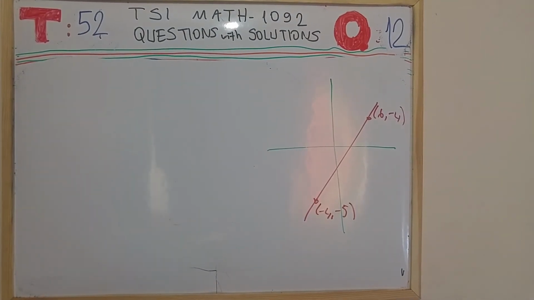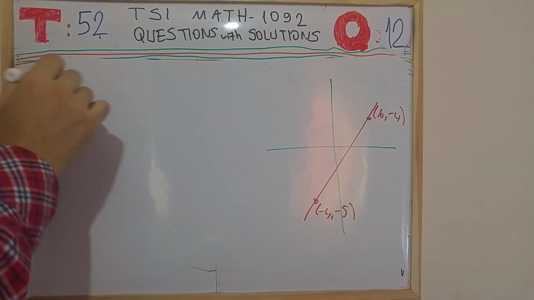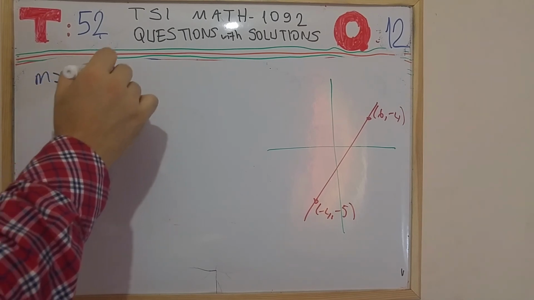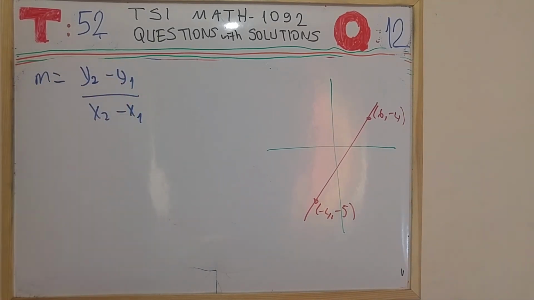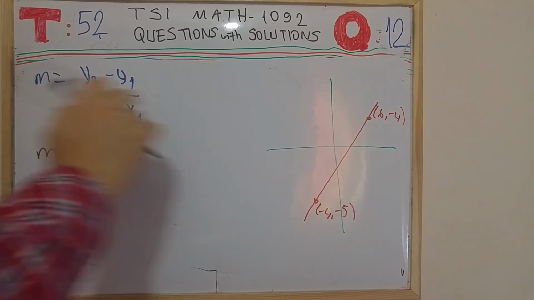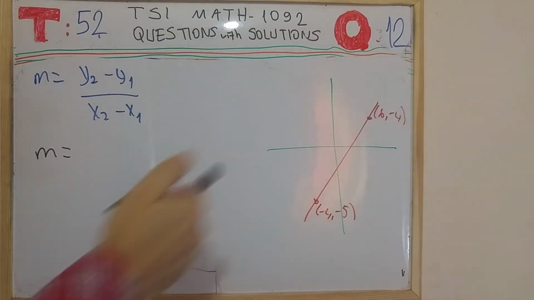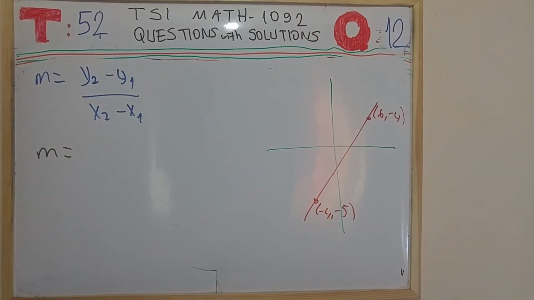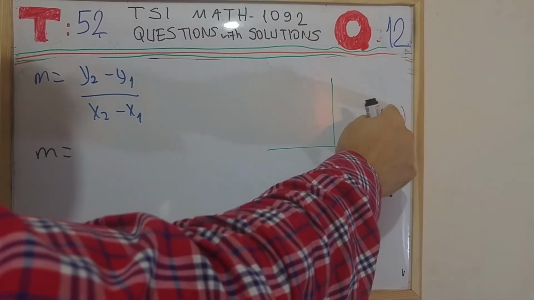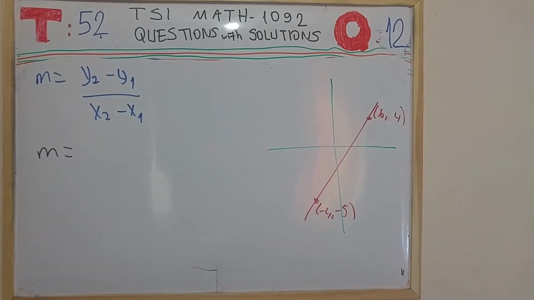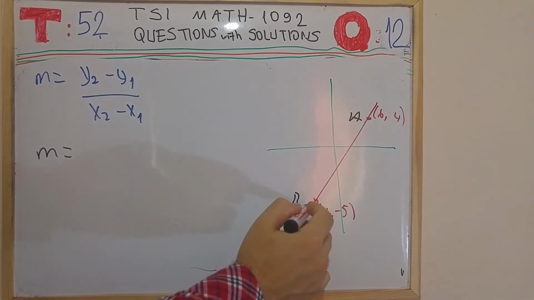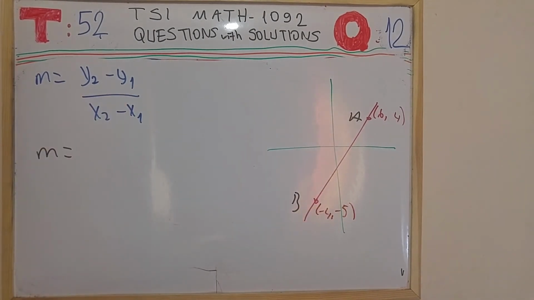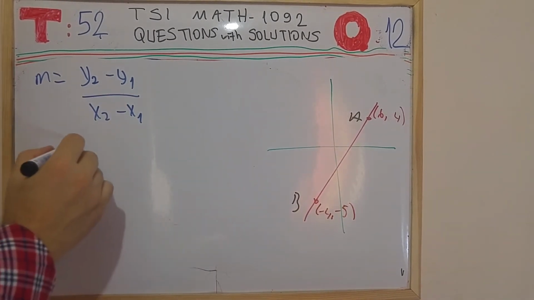Let's find the slope of this line, which is equal to y2 minus y1 over x2 minus x1. You can choose any of them. Sorry, this is plus 4. My bad, my mistake. This was A, this was B. So let's choose this point as point 2.